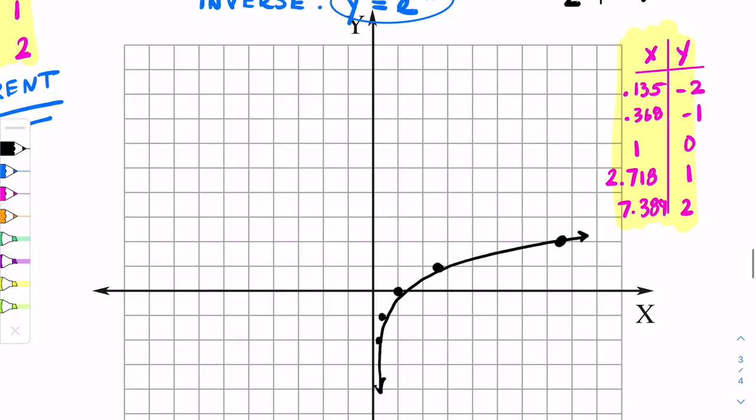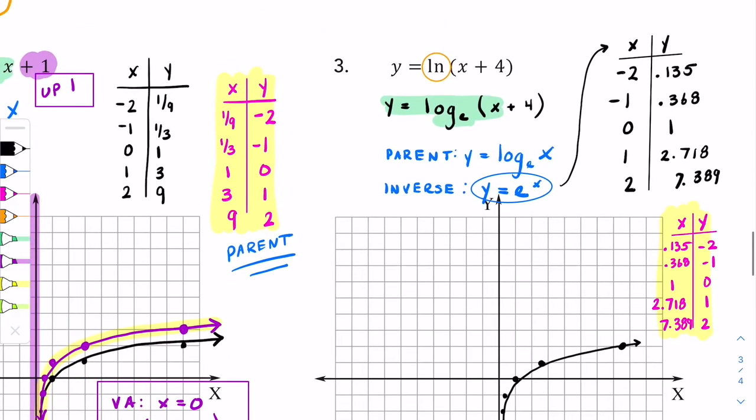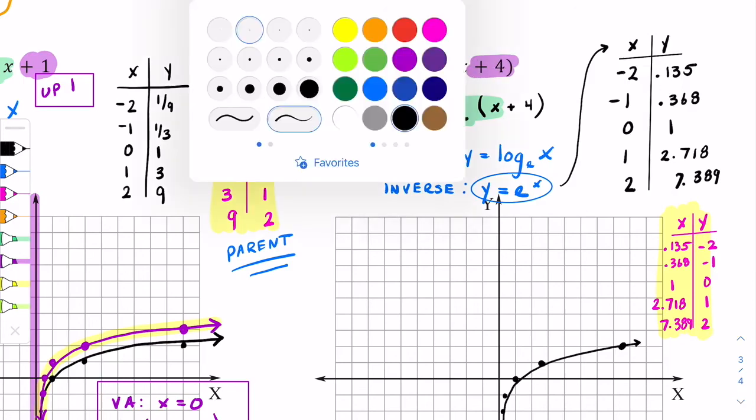Now we're not done until we do all of the transformations. The only transformation we see here is inside of the parentheses. So if it's inside of the parentheses, it's an h value. And in this case, we are shifting to the left 4.